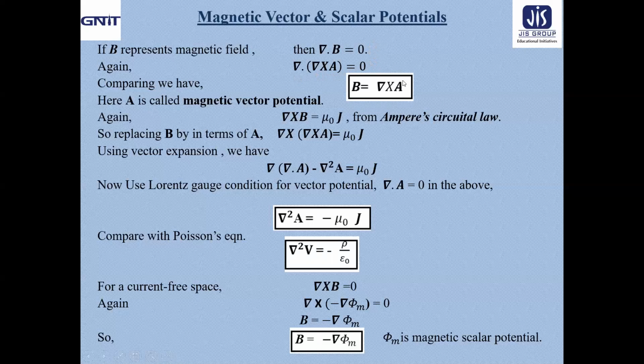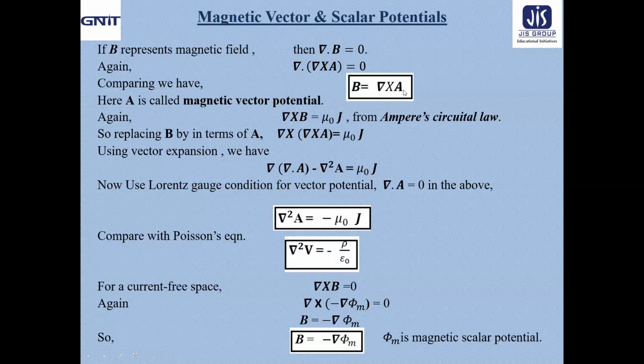This A is called the magnetic vector potential. Naturally, the question will arise, why do we call it the magnetic vector potential? First, you can obtain the magnetic field by taking the cross product of del on A. So if you take the curl of A, you will get the magnetic field.